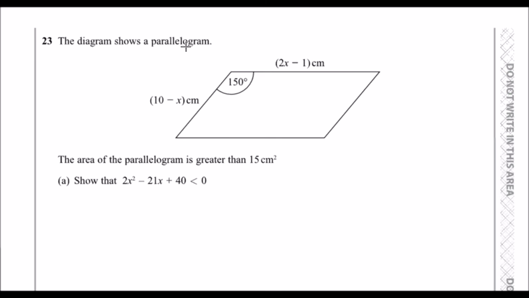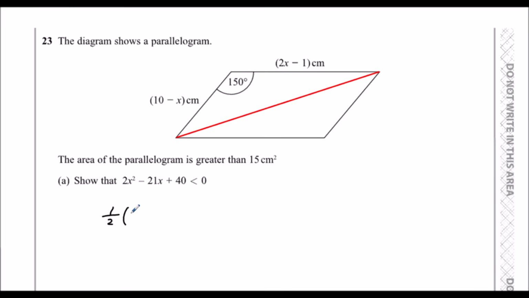So this is an area of a triangle question. If we split the parallelogram in half, we're going to use the area of a triangle, which is half AB sine C. So half times A and B are these two lengths, and C is the angle in between them.